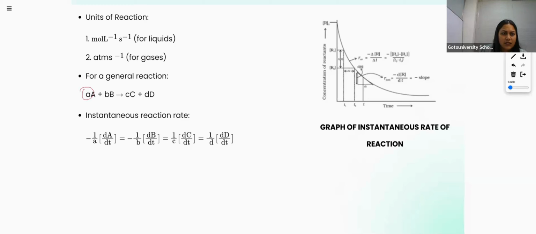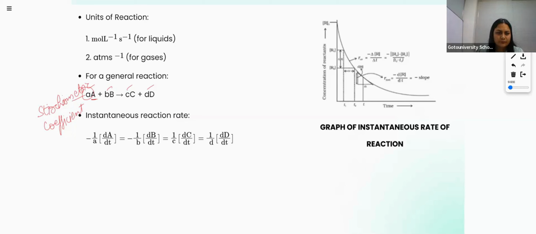This is a stoichiometric coefficient of A. Similarly, B has stoichiometric coefficient b, C has stoichiometric coefficient small c, and D has stoichiometric coefficient small d.